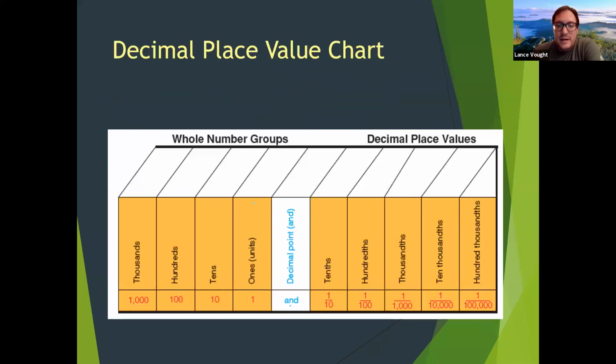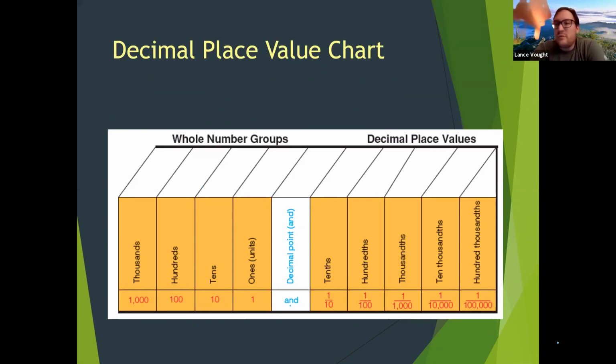So as I was mentioning before, the decimal point is the divider between whole numbers and basically fractions. If you are the first digit to the left of the decimal point, that's just ones. 2 to the left, you're tens. 3 to the left, hundreds. 4 to the left, thousands. Lots of us are used to that.